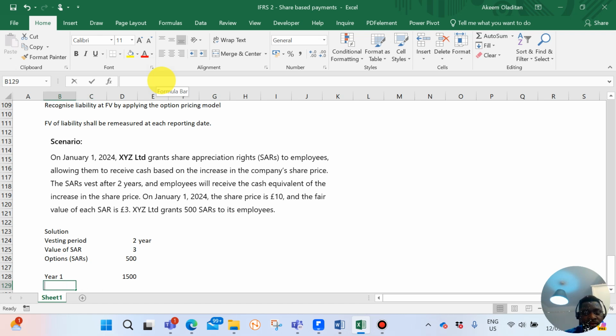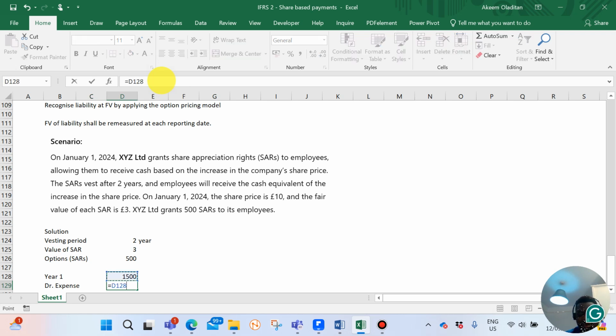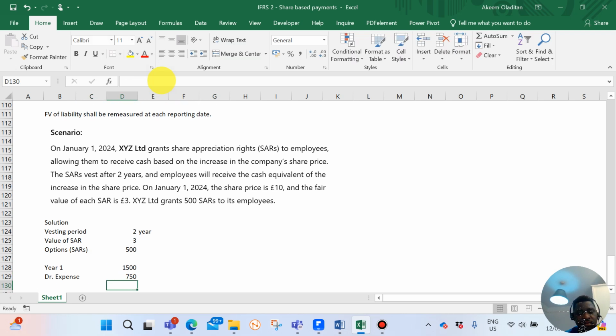So debit expense, employee cost, divided by 2. Then credit liability.